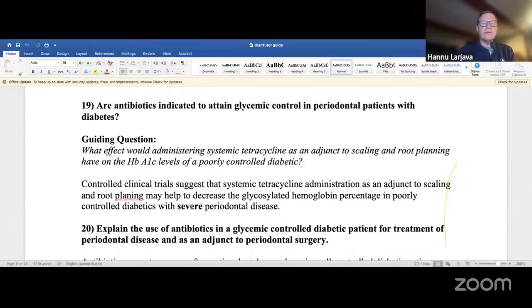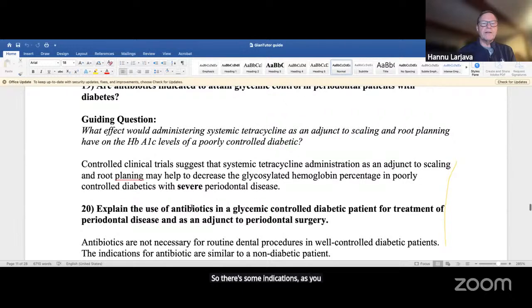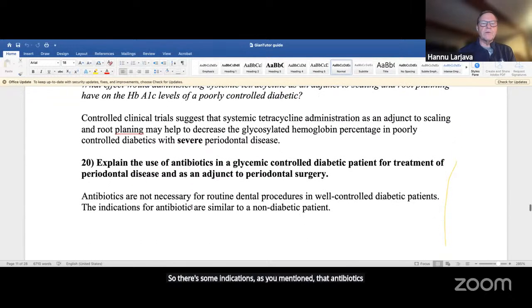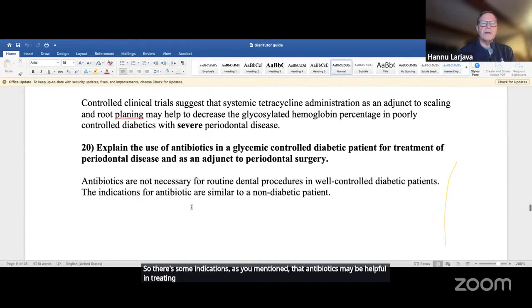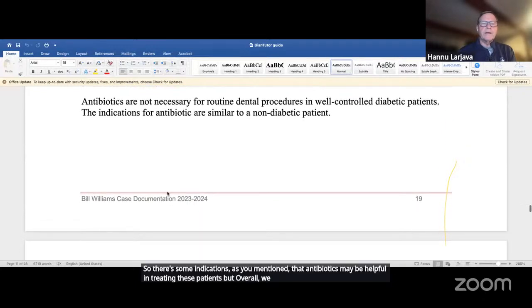there are some indications, as you mentioned, that antibiotics may be helpful in treating these patients, but overall, we think here that if the patient becomes a well-controlled diabetic, routine dental procedures don't need antibiotic coverage.